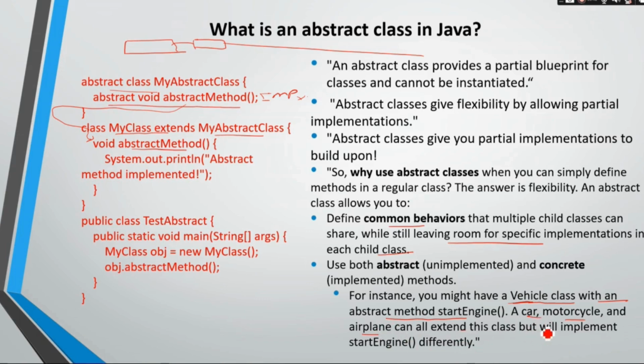That's the reason it provides us flexibility. We declare one single method abstract, and that can be implemented by different extending classes like car and motorcycle, and they can provide the implementation as they wish.